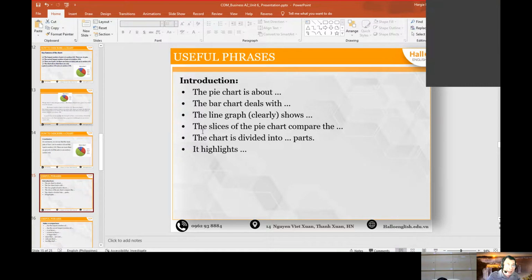Or we can say, the slices of the pie chart compare. Or, the chart is divided into how many parts. And then we can also say, it highlights.